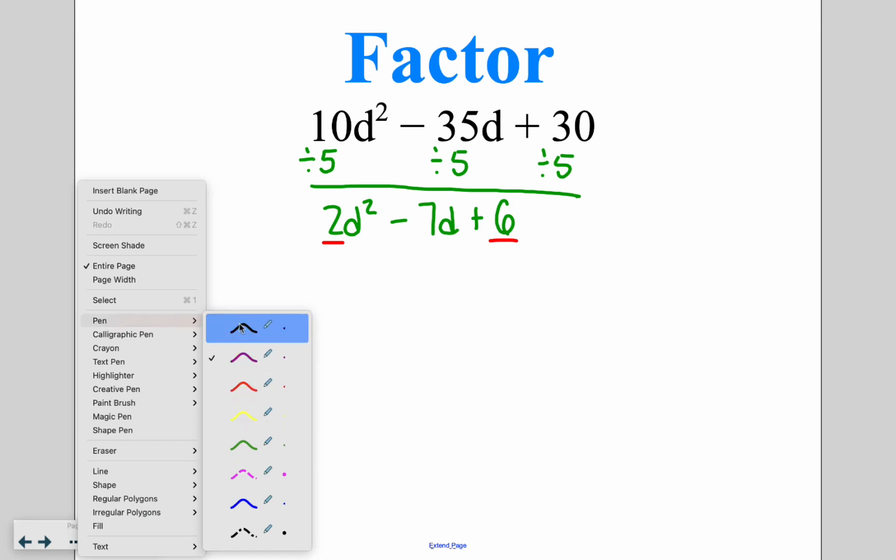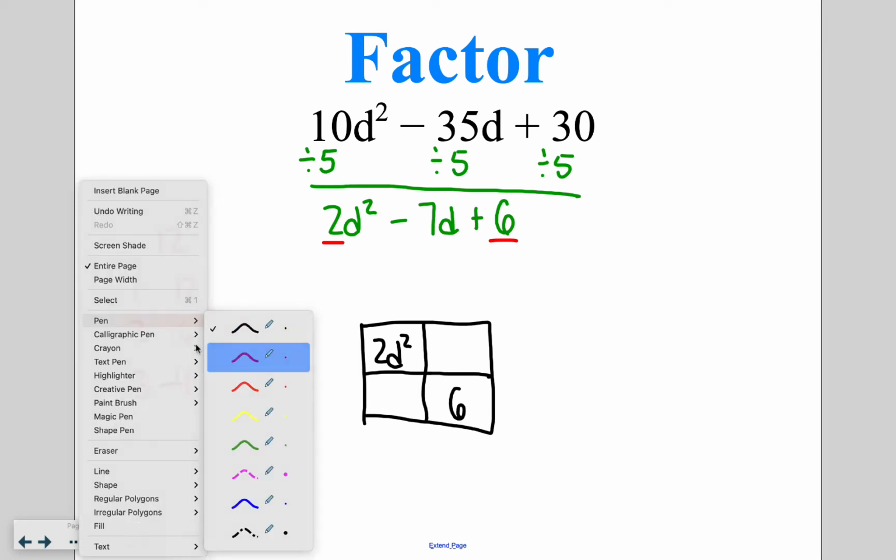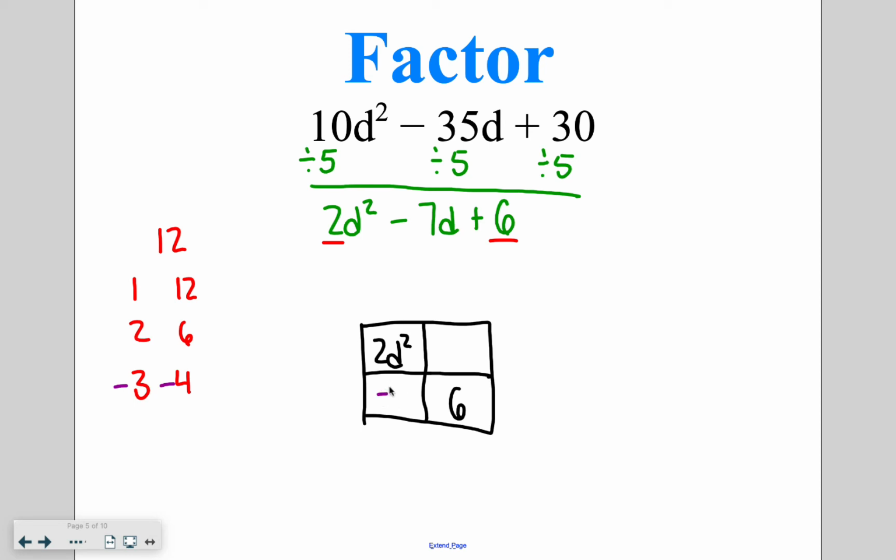So when I go ahead then and plug into my box, my leading term, my 2d squared, goes into the first part, and my positive 6 goes into the back. Then I'm going to take my two factors, and I'm going to have negative 3d here and negative 4d in this box.